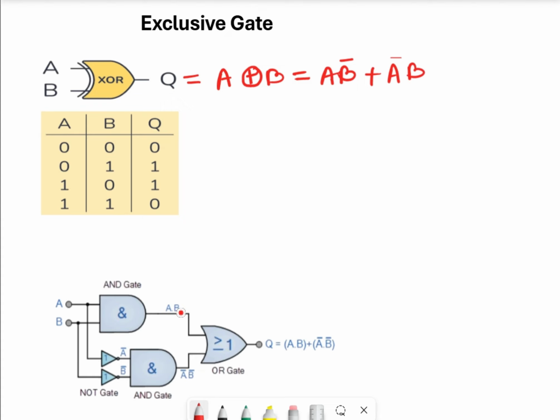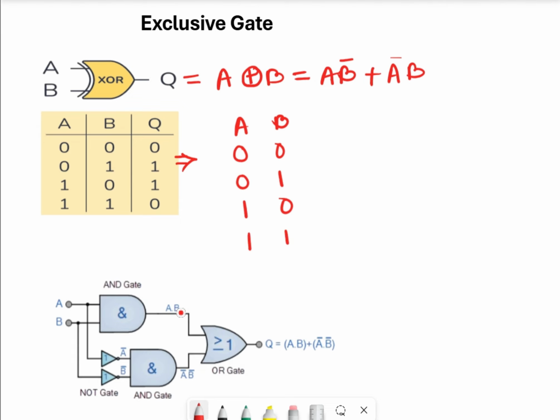Indeed, there is a truth table. So let's explain this truth table. As there are two inputs, we could write down A as one input and B as the other input. So 0 0, 0 1, 1 0, and 1 1.